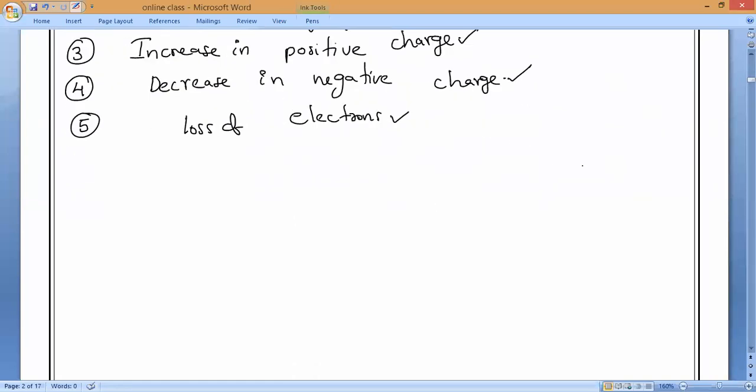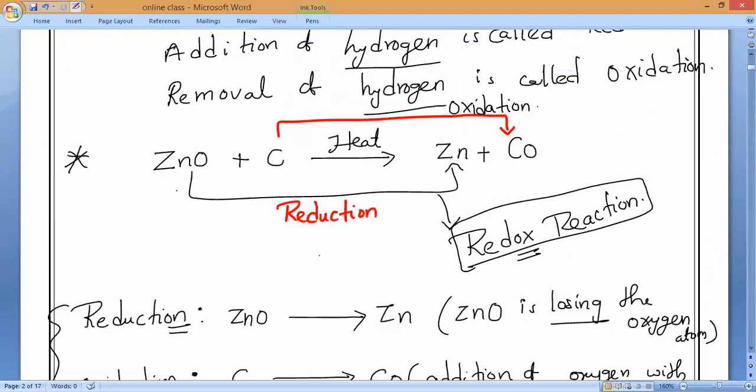Now, somebody will supply the oxygen on the reactant side. For example, in this reaction, on the reactant side, observe, who is the source of oxygen, guys? Zinc oxide, not aluminum.